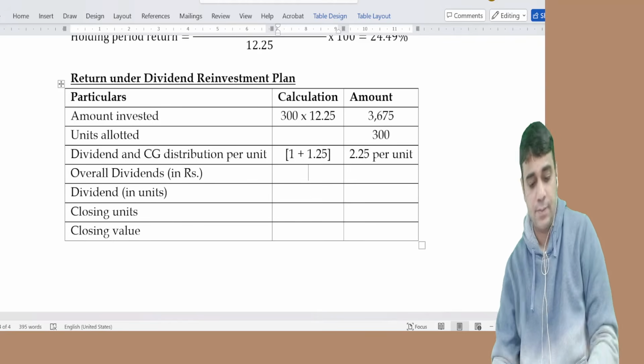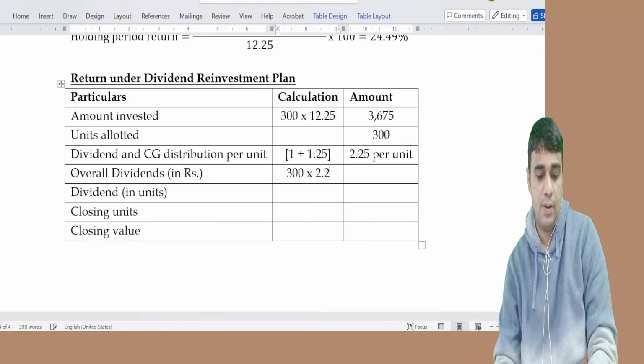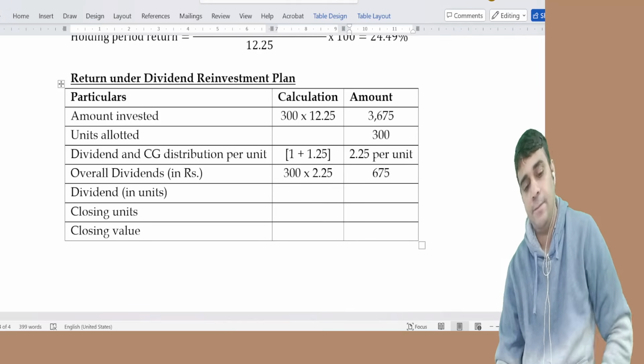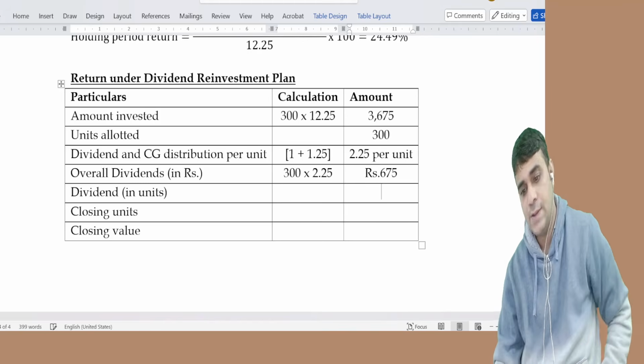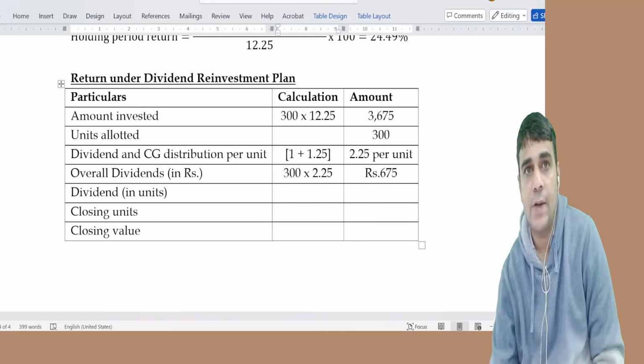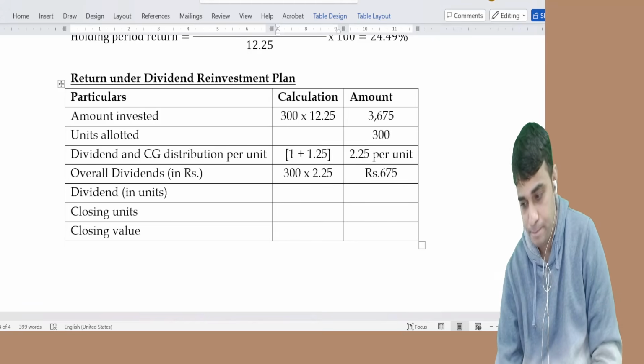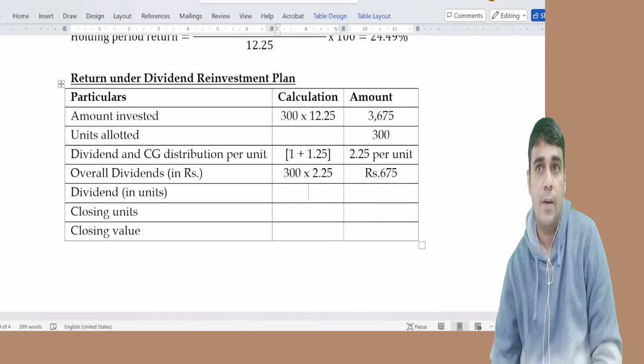Overall dividends, 300 into 2.25, 675. This is in rupees. 675.